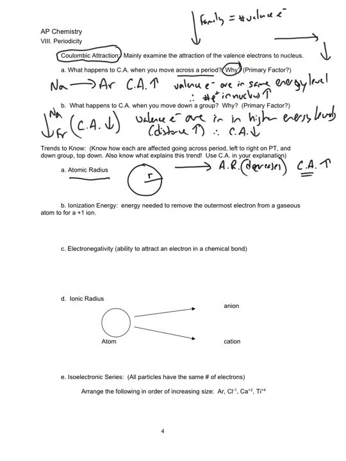When we go down a family, the atomic radius increases, gets larger and larger, because the Coulombic attraction decreases because the valence electrons are in a higher energy level. They are farther from the nucleus, which weakens the Coulombic attraction and also makes the atom larger.